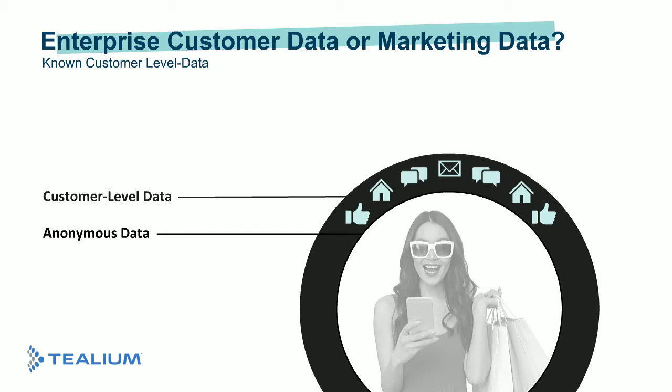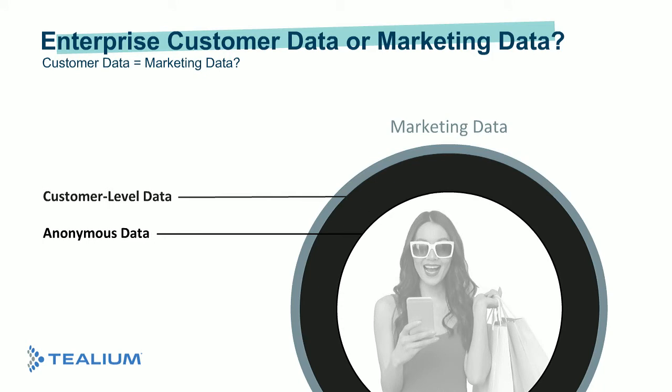And this is naturally a much smaller data set though than that anonymous data, right? So that anonymous data is the data that's going to let you acquire more customers and achieve scale. And that is basically where marketing data or a marketing focused CDP would end.